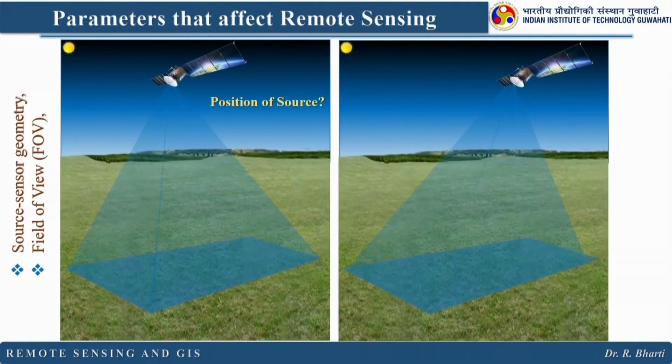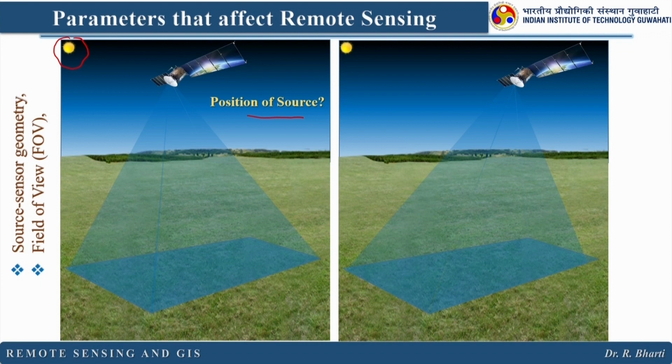So, in this slide you can see there are two photographs. In the first photograph it is mentioned the position of the source. There should be a significance of the position of the source in remote sensing. Why? Because the sun's position changes with respect to time. If it is morning, your area will be less illuminated.